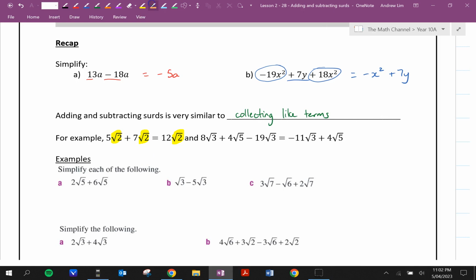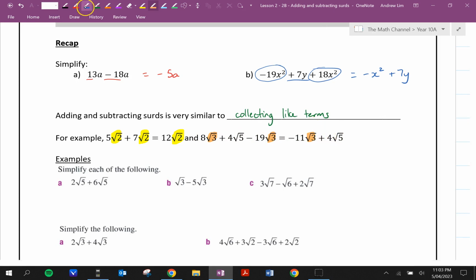And we can see here 8 root 3 plus 4 root 5 minus 19 root 3. Well, 8 minus 19 is minus 11, so we get minus 11 root 3 plus the 4 root 5.